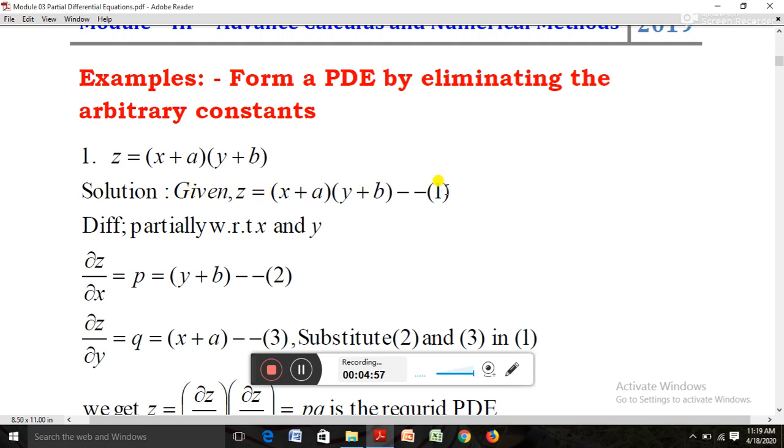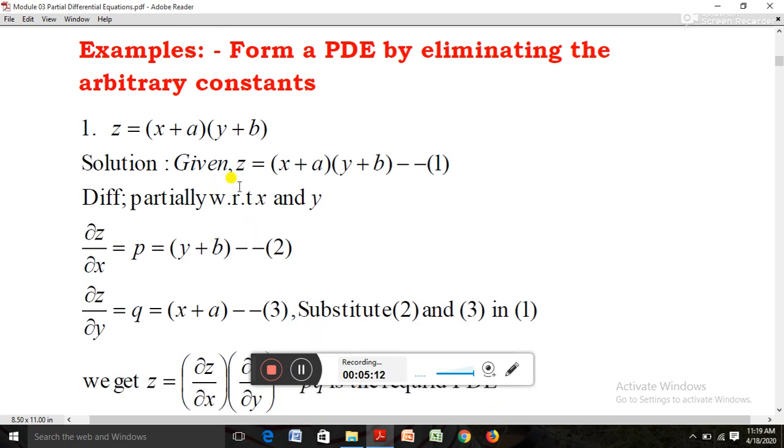It is equation 1, and we differentiate this equation partially, with respect to x and y. First we differentiate partially with respect to x, and the second time with respect to y. Differentiating with respect to x gives dou z upon dou x, which we denote by p. Differentiating this term, x plus a and y plus b are in multiplication.